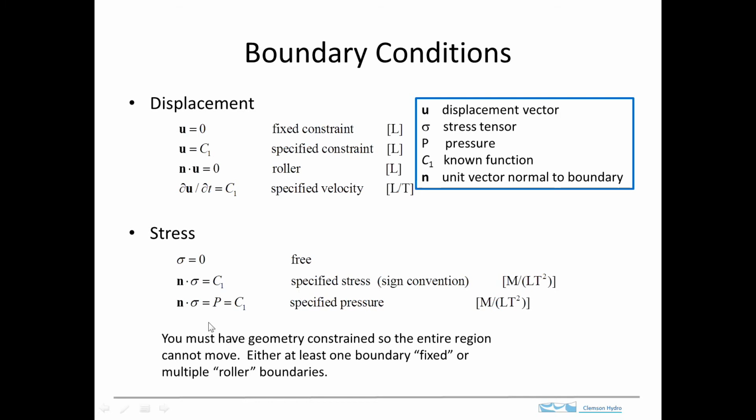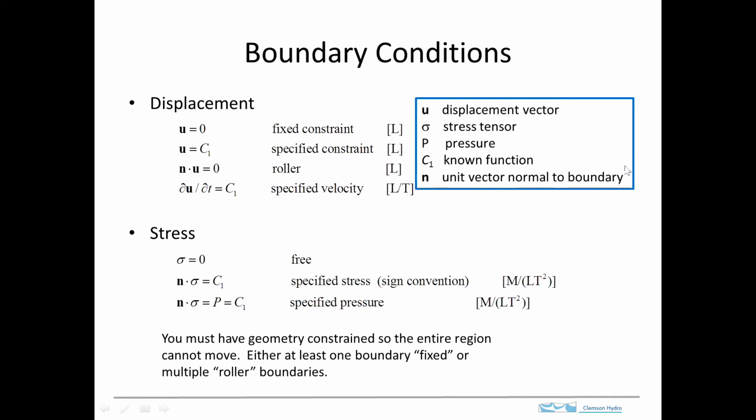That's another possibility, and we could have a normal stress or a shear stress on the boundary. We could also specify the pressure on a boundary, and in that case the pressure is just acting as a normal stress.